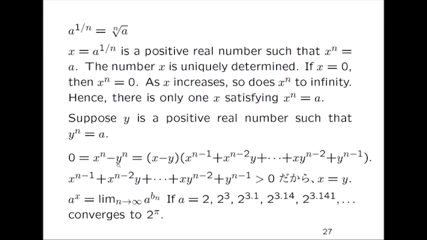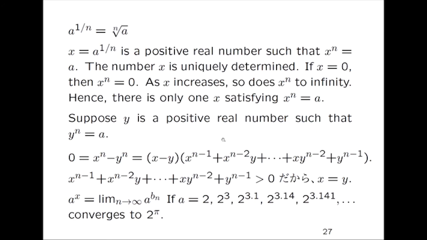But this one looks very similar to the formula we have studied, right? And if you write it in this way, then the left-hand side is x minus y, and the right-hand side you have this. But you can tell that this part is always positive, okay?